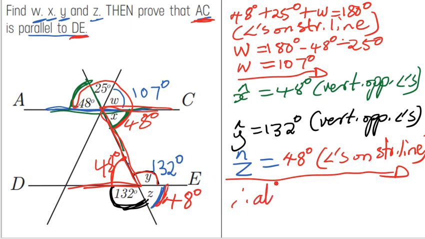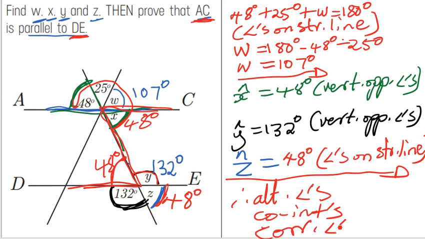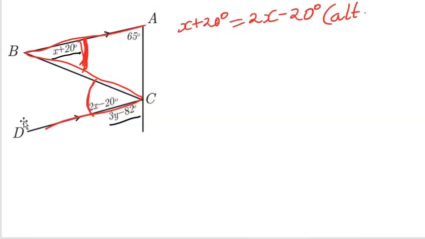We are having alternate angles, we also have co-interior angles, and we also have corresponding angles. So therefore we can say AC is parallel to DE.